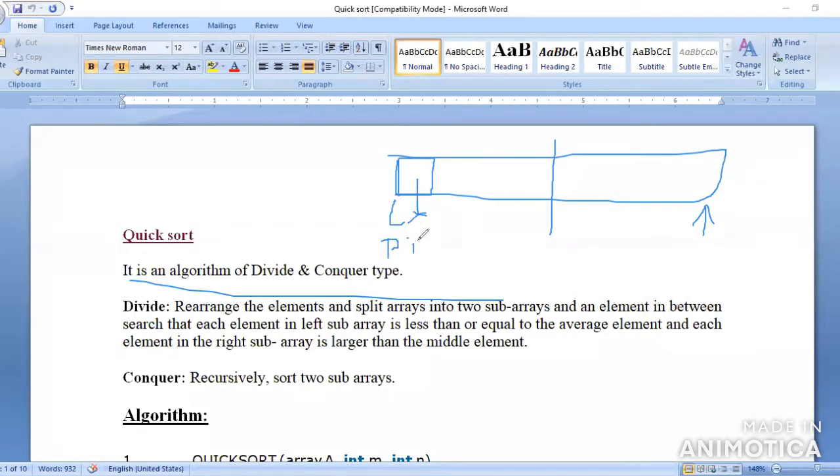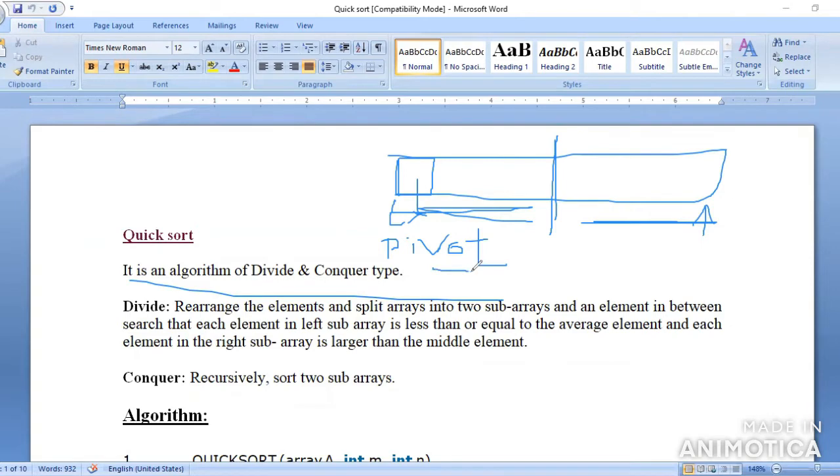Pivot element, P-I-V-O-T. I think you are familiar with quick sort from data structures. Once again I recall it: rearrange the elements and split the array into two subarrays. Each element in the left subarray is less than or equal to the pivot element, and each element in the right subarray is larger than the pivot.